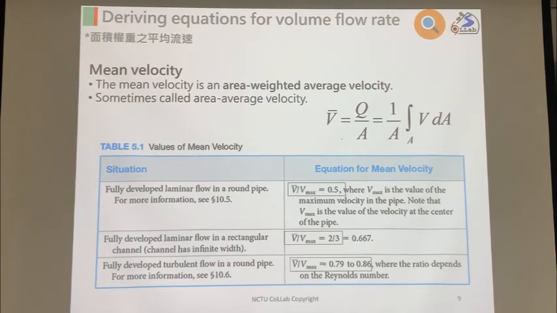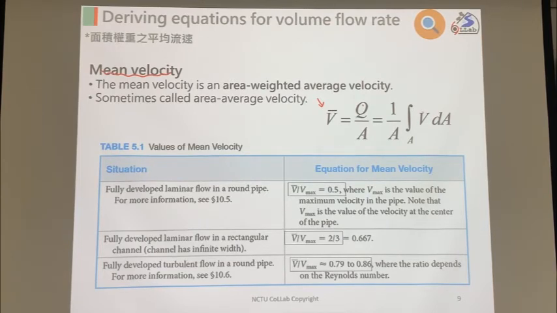But in real cases, usually we try to understand the mean velocity first. So what is the mean velocity? As the formula I am showing here, we have the Q, we have the area, and we use V bar as the mean velocity. So how can you compute the mean velocity?